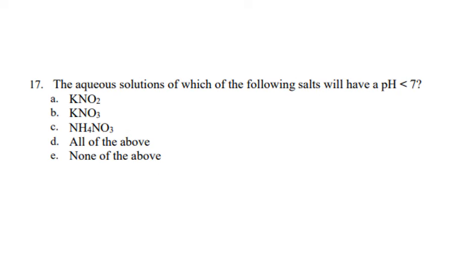Okay, this question is asking: the aqueous solution of which of the following salts will have a pH less than 7? pH less than 7 means it should be acidic. So we have salts here, and we will divide them into basic, acidic and neutral salts. How can we decide? Potassium is the first part, NO2 minus is the second part.